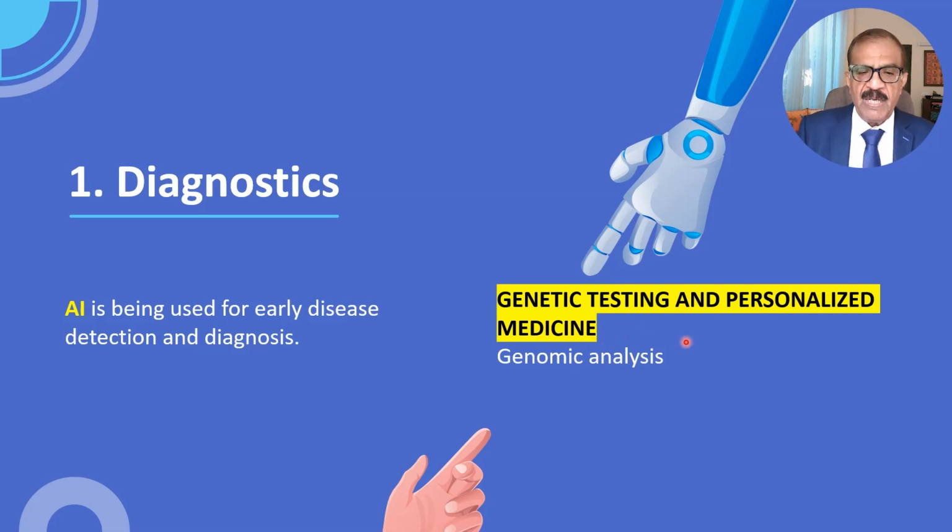So there is a possibility that based on that information, the treatment for the same disease may be different in two persons. And this could be based on genomic analysis. Everybody would have this genetic profiling, and the prescription will be accordingly personalized.